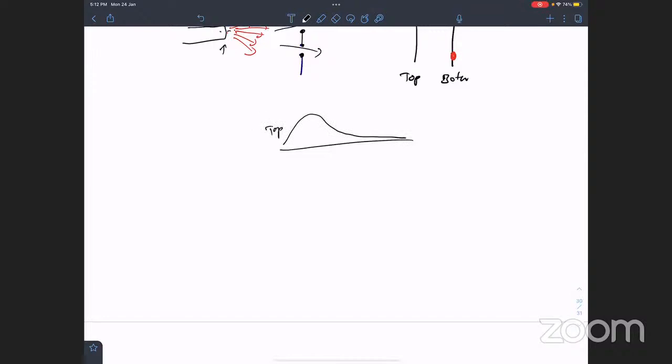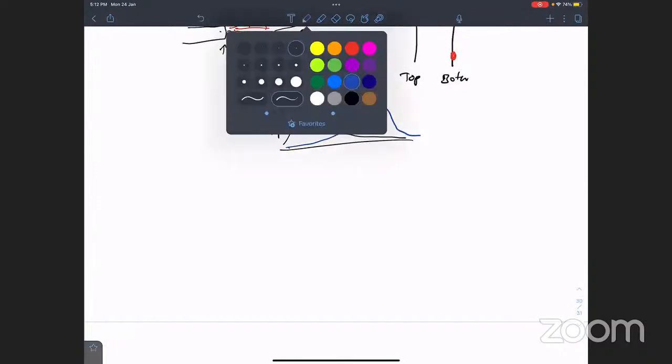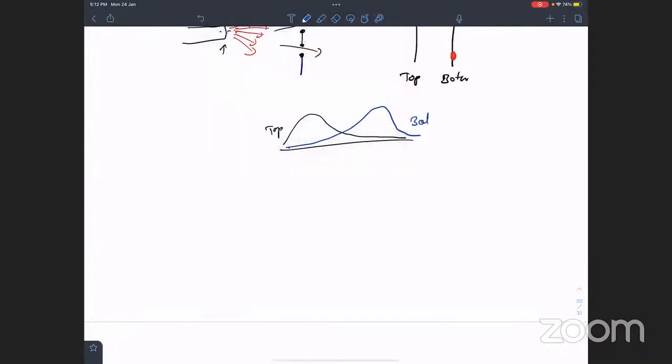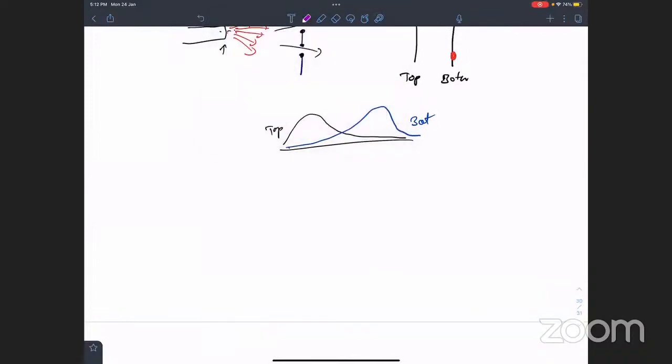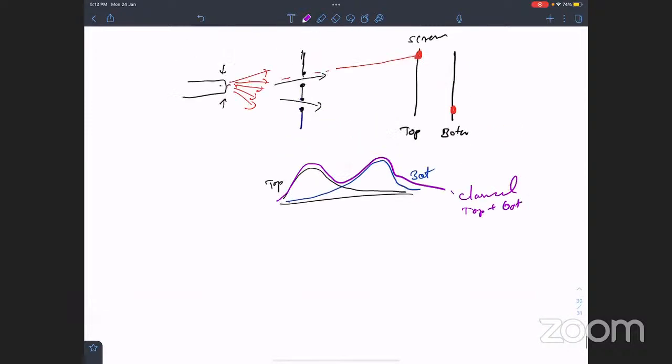If the bottom hole was open, I would have seen this kind of thing. Now, when both are open, what do you guess? It'll look something like that. This is what it would look like if the electron was actually classical: top plus bottom, both of them open.